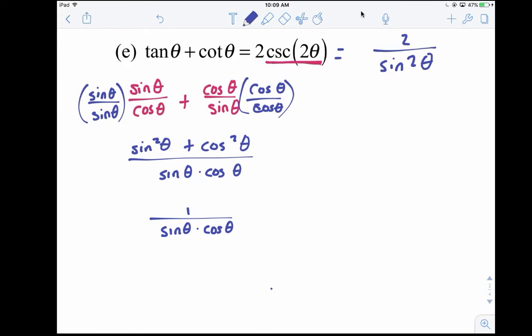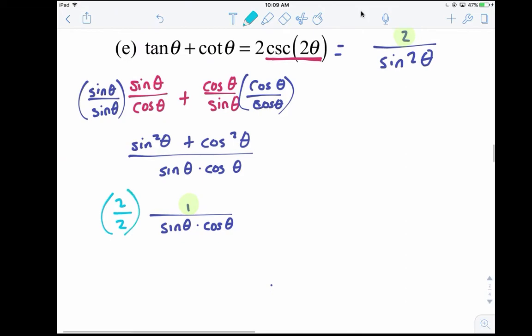So I see that I have a 2 up here in my numerator, but I only have a 1 in my numerator on the left side. So in order to change the 1 into a 2, what I can do is multiply the top and the bottom by 2. You're still keeping everything the same, but it's going to help you do the proof out.